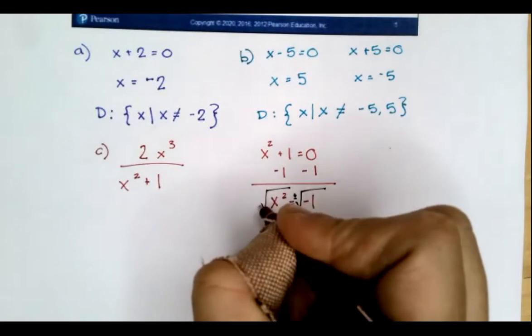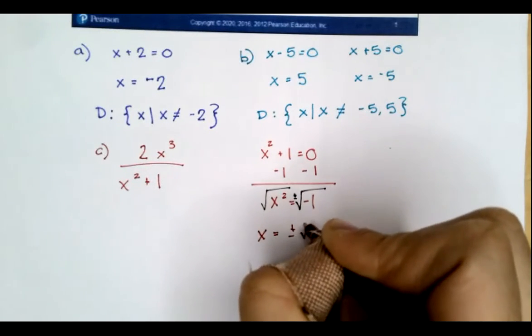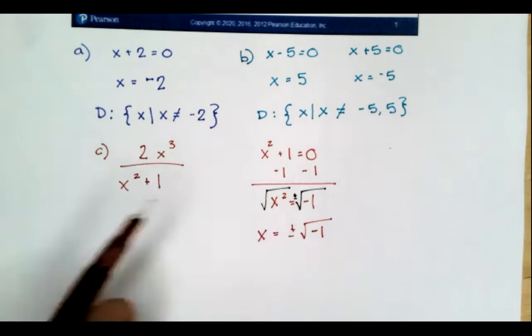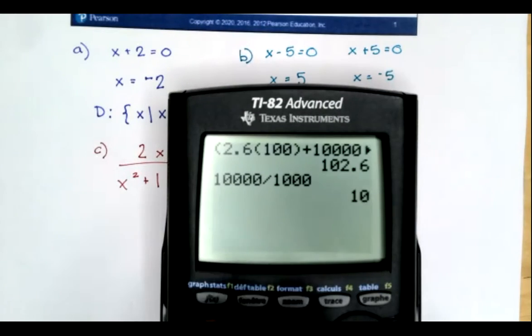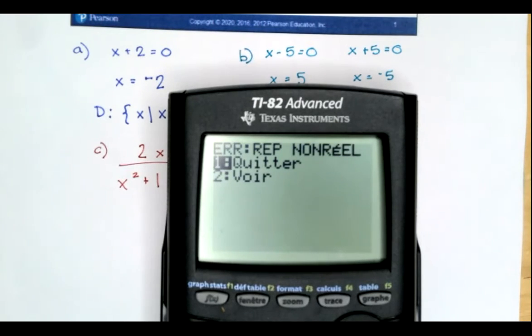So that eliminates that, and we just have x is plus or minus the square root of -1. However, remember, we are not using imaginary numbers on the coordinate plane, so there is no solution to the square root of -1, because it's a non-real answer.